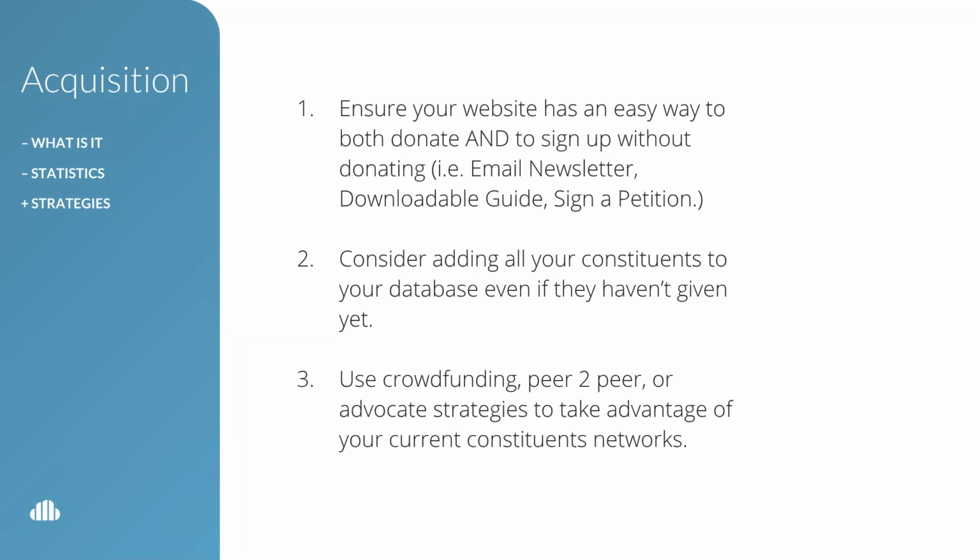So a couple key strategies here, right? So number 1, ensure your website has an easy way to both donate and to sign up without donating. Either that's an email newsletter, downloadable guide, sign a petition, something like that. The way we like to refer to this is, you kind of want to ask every person who comes to your website to marry you, right? That's the donation. But if they're not willing to marry you, just ask them on a date, right?